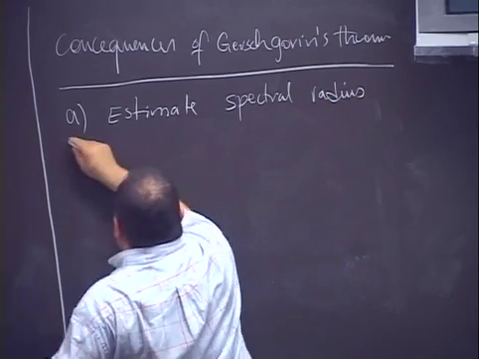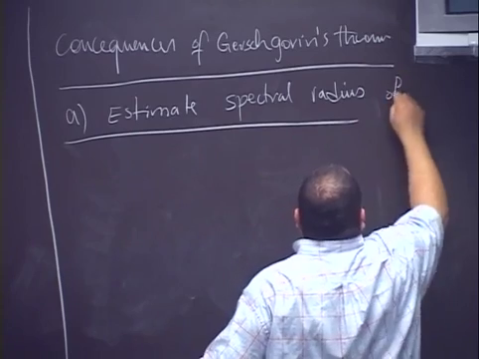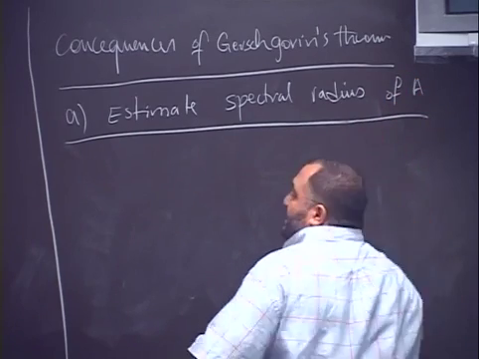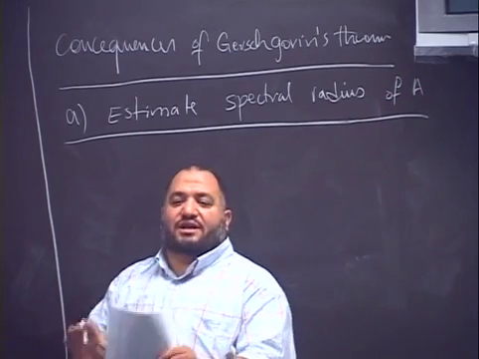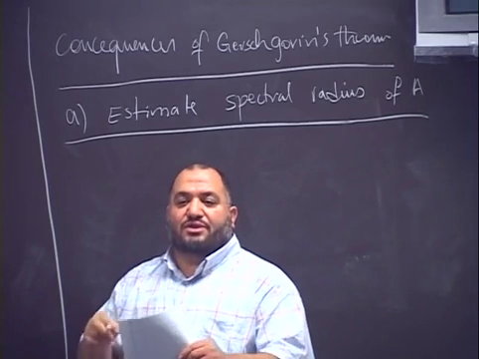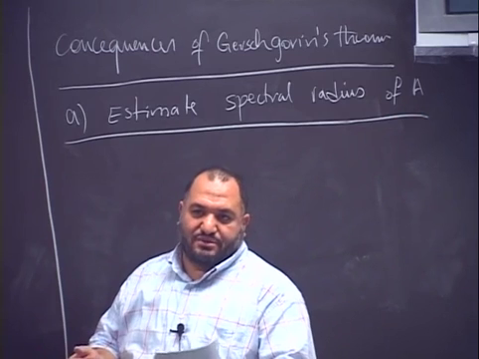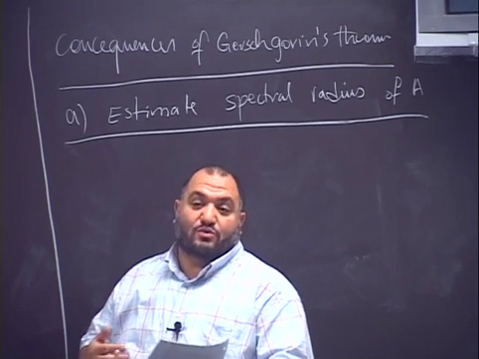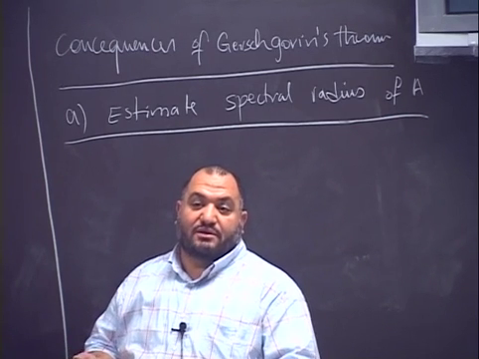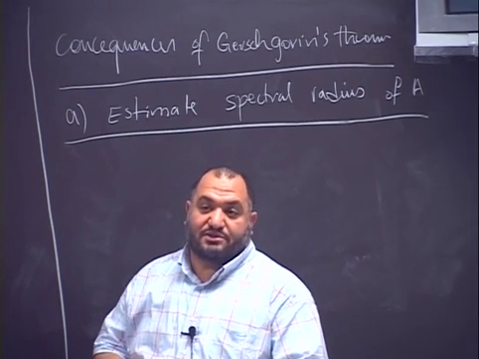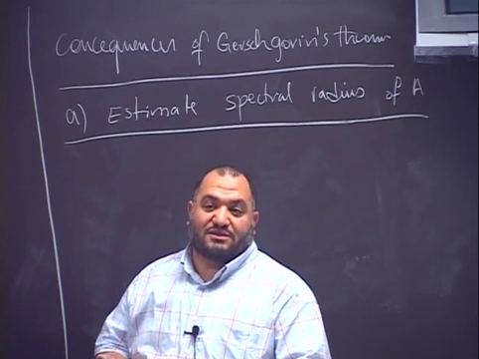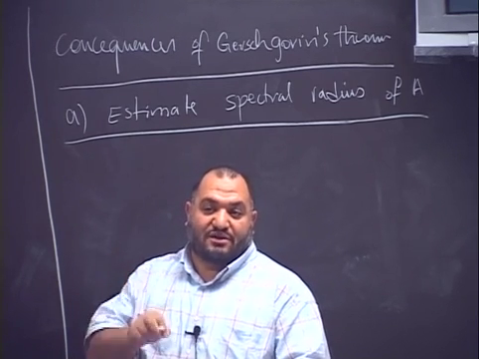The theorem states that you will find in any of those disks around the diagonal elements of the matrix, you will find the eigenvalues. But it does not tell me which one is the spectral radius. The spectral radius is defined as what? The largest eigenvalue.